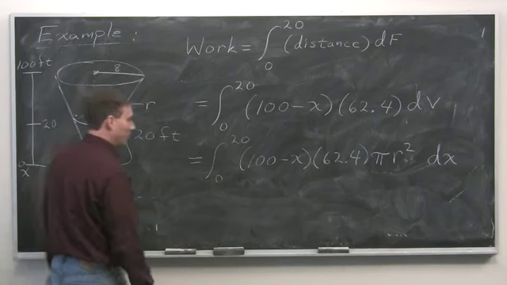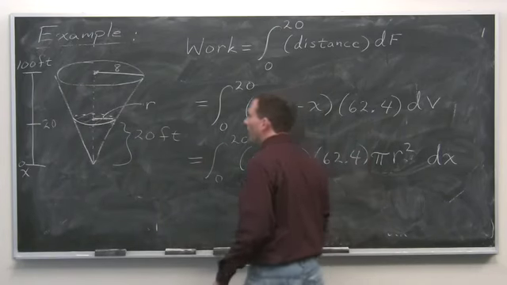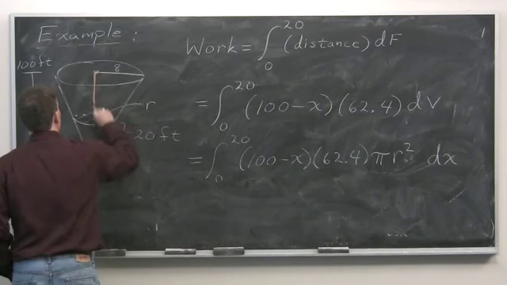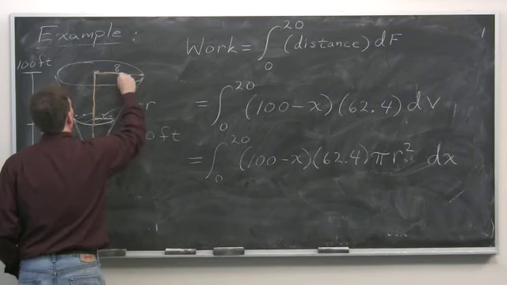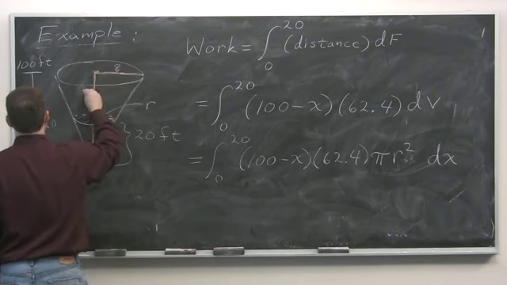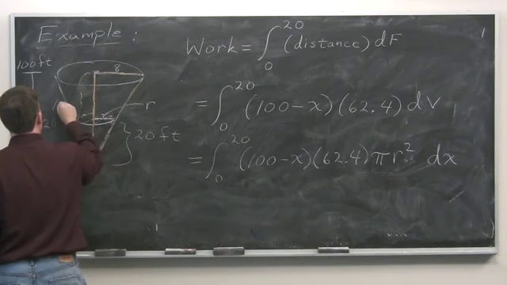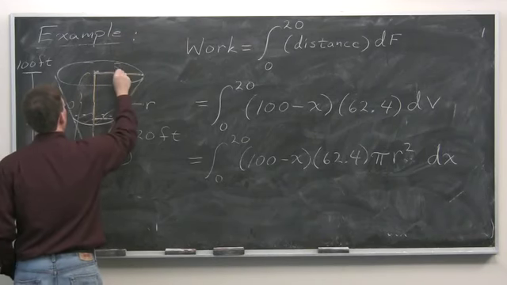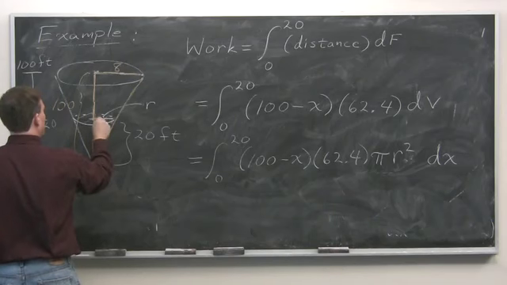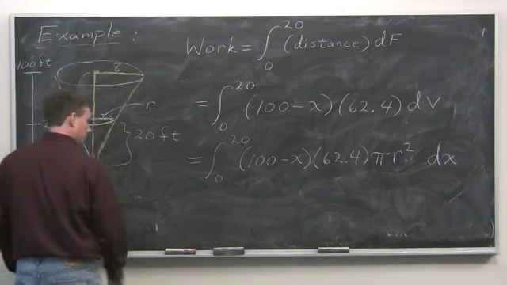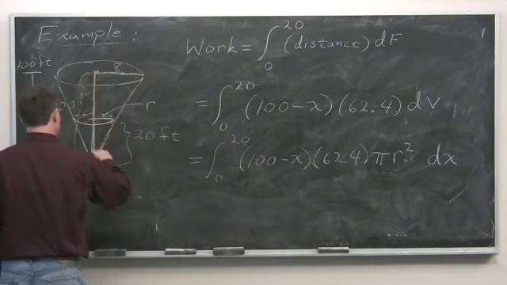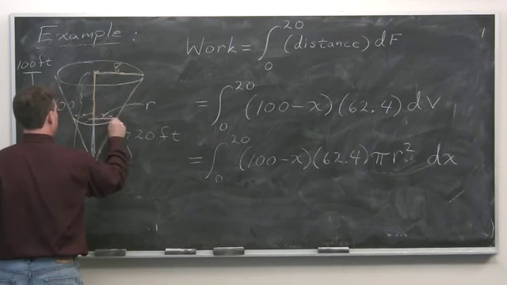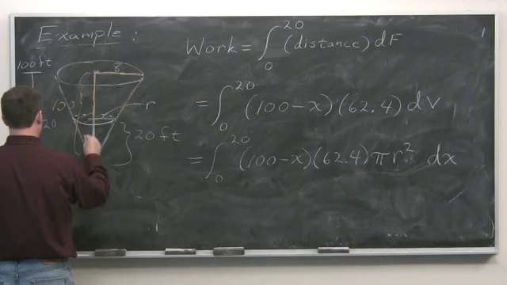Well, you may have seen it already, but use similar triangles. You look at this big right triangle that has 8 here and 100 here. And then there's this smaller triangle that's similar to it right here that has r and this is x.